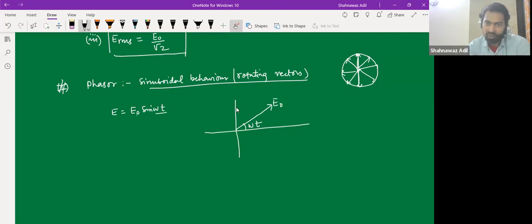When we resolve this vector on the y-axis, we get the instantaneous voltage. So this was the idea of the phasor diagram. We can rotate this vector to different angles, but this length, which is the peak voltage, would be fixed.